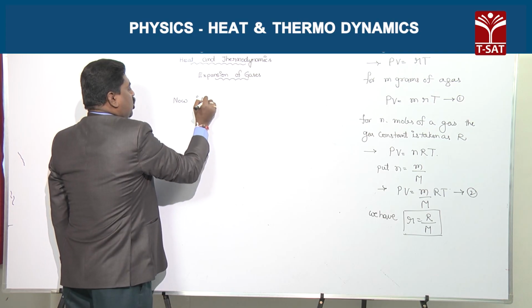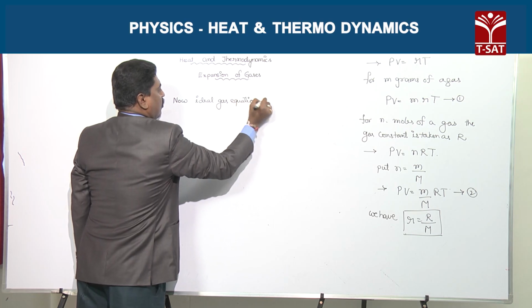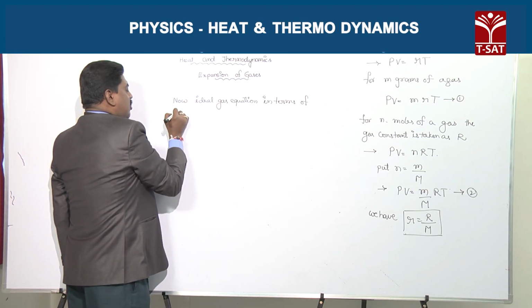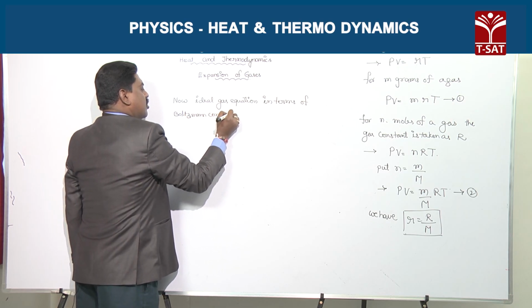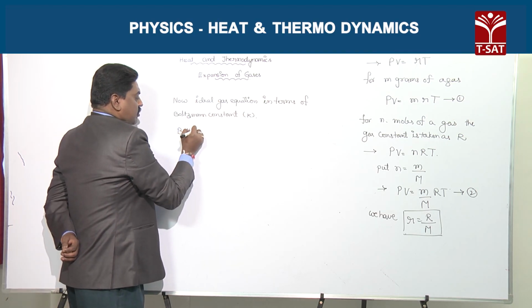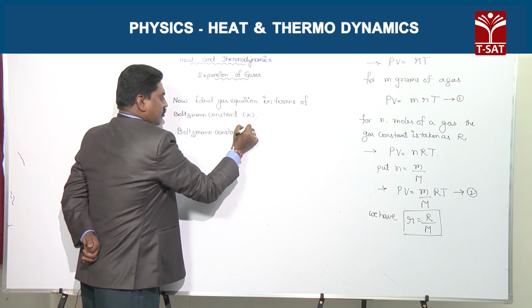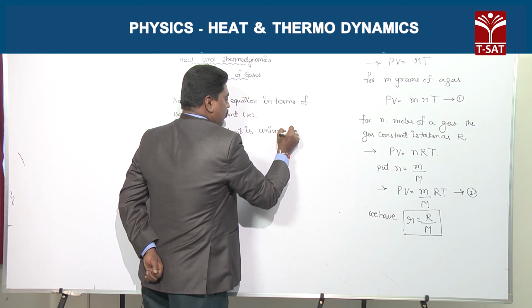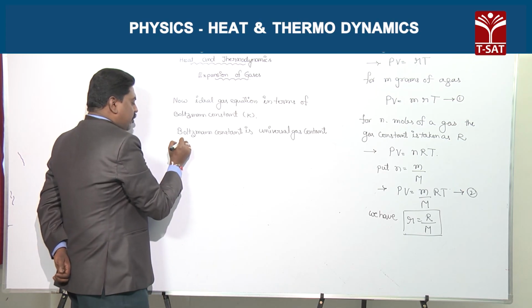Now, ideal gas equation in terms of Boltzmann constant K. Boltzmann constant is universal gas constant per molecule.